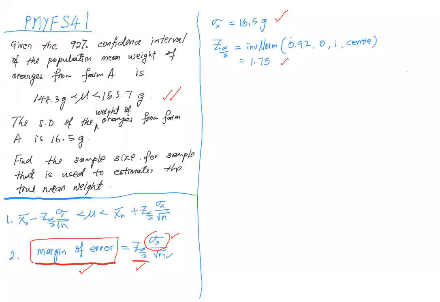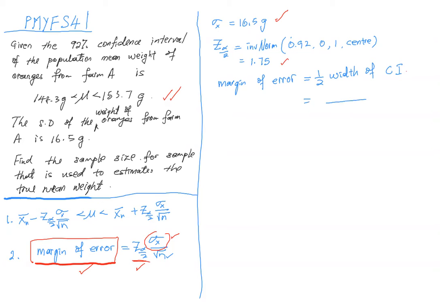Okay, so you know that margin of error is half of the width of the confidence interval, correct?